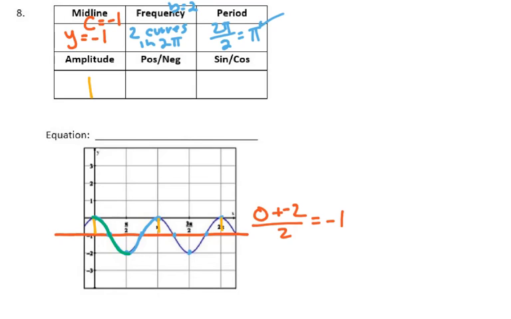It also follows the positive motion of a cosine curve. So for this one, I would say that I have a positive cosine function. I can write my final equation using my found a, b, and c values as y equals the cosine of 2x minus 1.